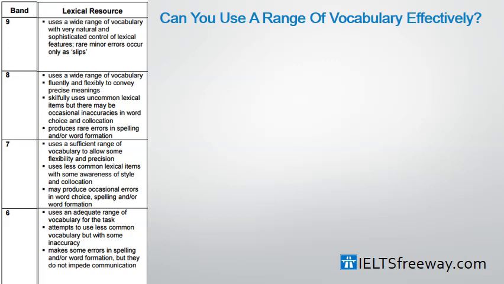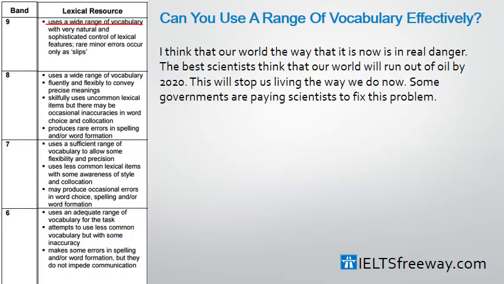In the band 9, it simply says, uses a wide range of vocabulary with very natural and sophisticated control of lexical features. Let's look at the first part: uses a wide range of vocabulary. And we'll do this with an example.